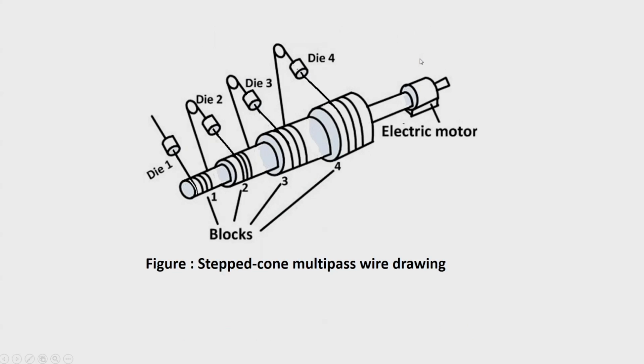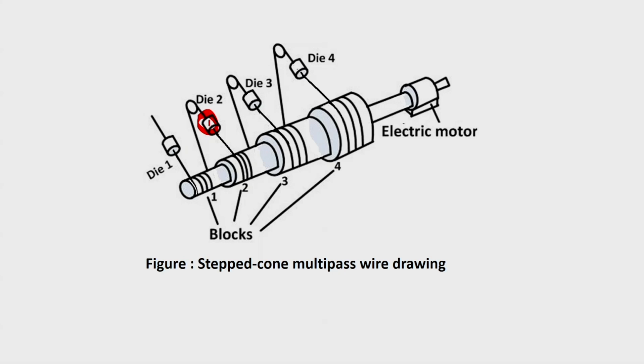Otherwise, you can have a stepped cone multi-pass wire drawing. As I said, when it passes through one die, say die 1, the velocity of the wire at the exit side of the die will be higher than at the inlet side of the die. Here it will be wound around the block, 1 or 2 turns, and then it passes through this pulley and goes to the second die.